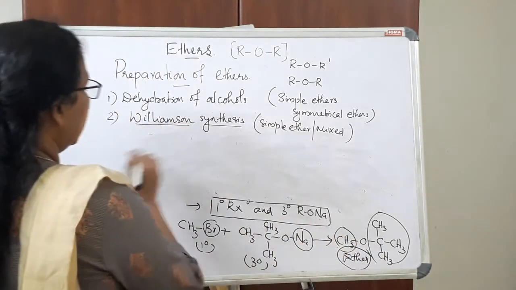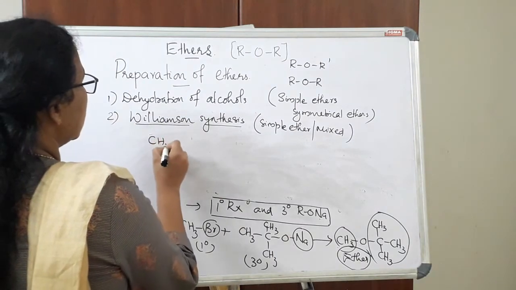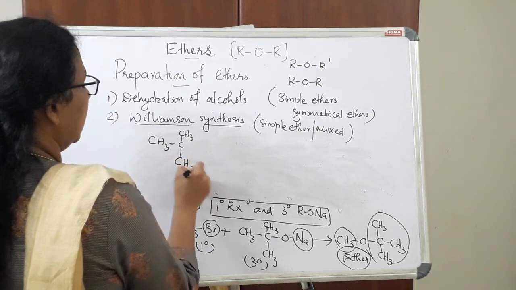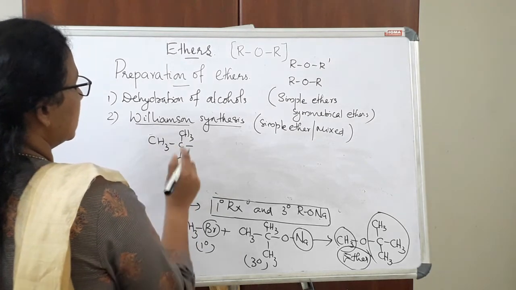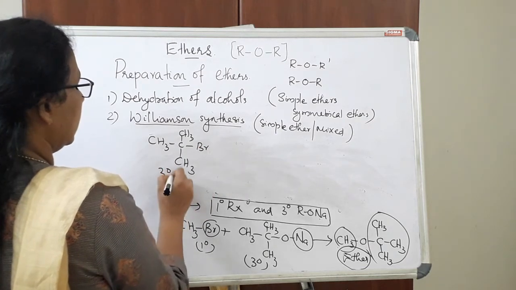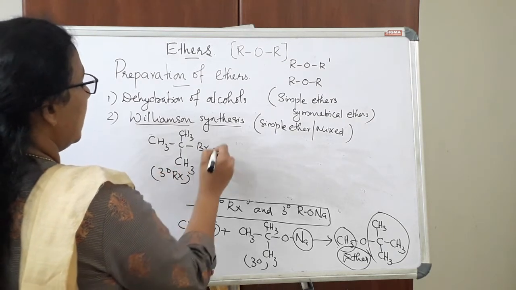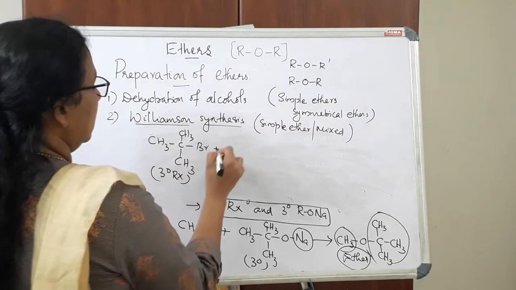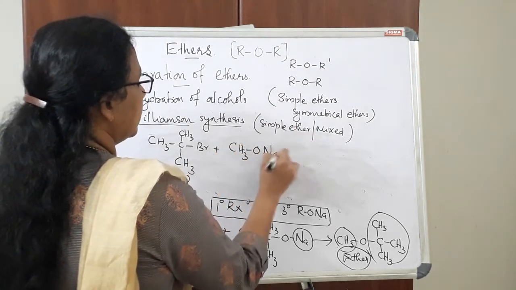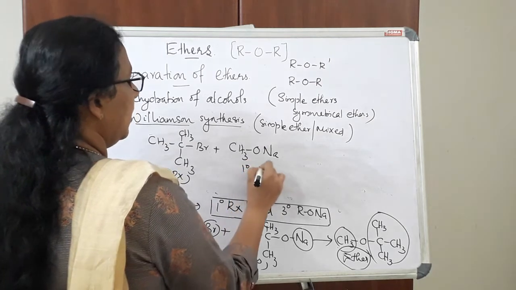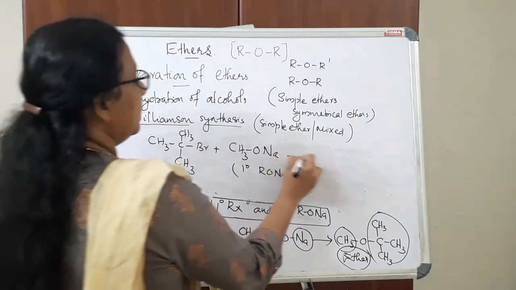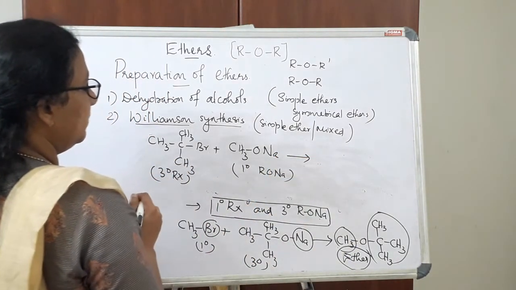But if we are taking a tertiary alkyl halide and a primary alkoxide, the product will be different. Ether will not be formed in this case.